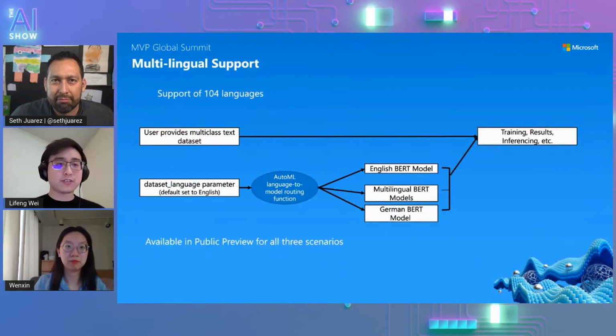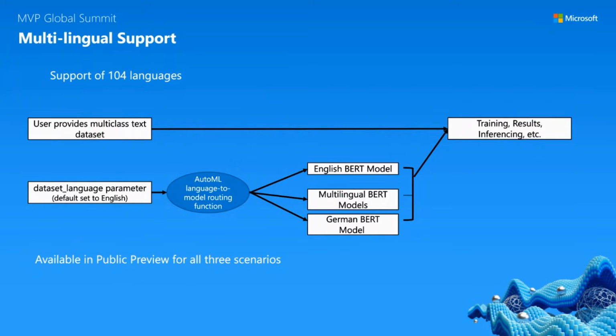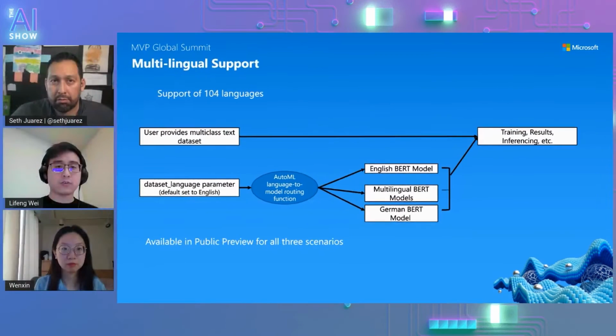There are many models that are pre-trained with different language sources, like English, German, Japanese, Chinese, etc. So we did some experiments on different kinds of data sets and compared their speed, final accuracy and other metrics to decide what the best models are for different scenarios. Then we store these models and make them available for download in our system. Later, when you're using them, you can just pass your language code, and we will choose the right model for you depending on the language code you pass in.